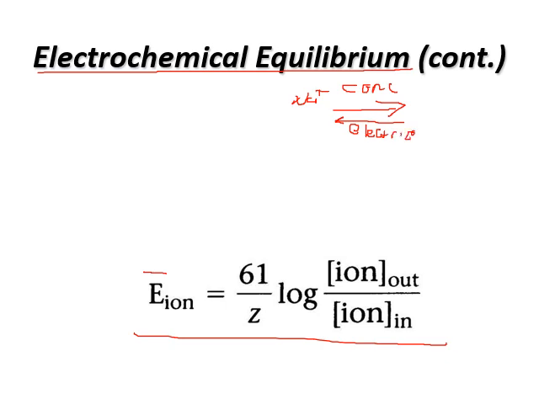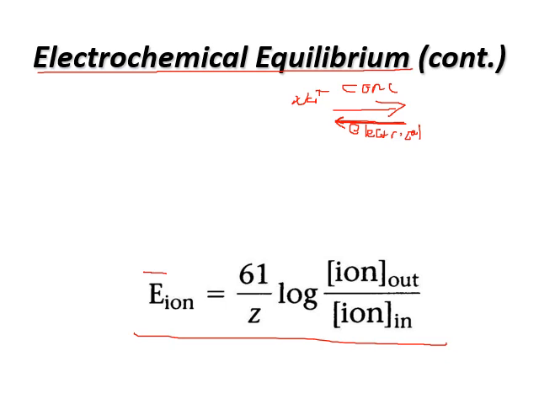Okay, and the electrical force is determined by what the membrane potential is. That's going to be the electrical force. Is the electrical force negative? Is it positive? What's the membrane potential?